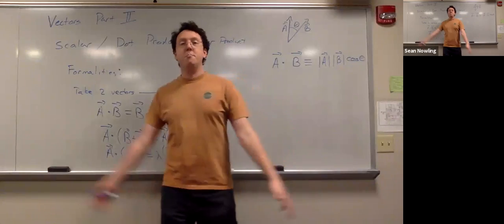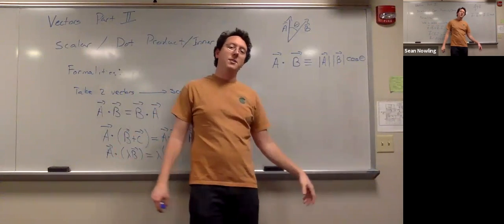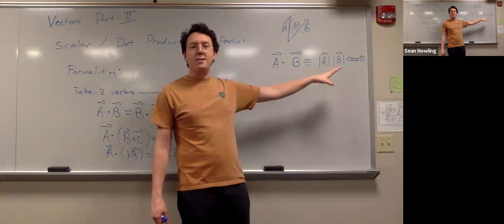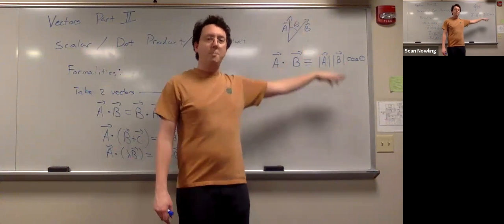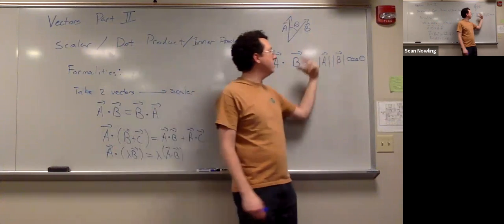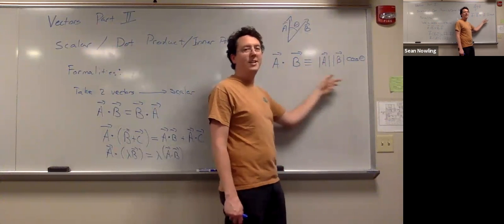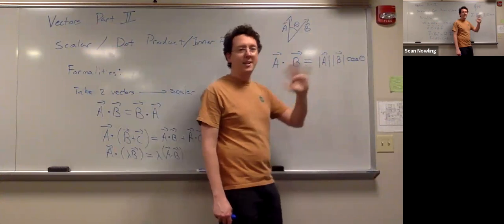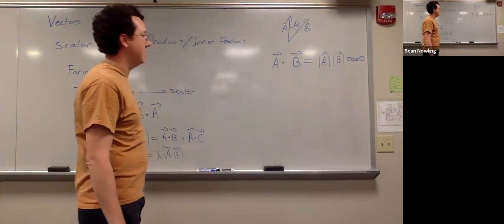There is another bizarro world you could imagine. I'm going to give you another formula for this in a minute. You can imagine a bizarro world where you didn't know about the magnitude of a vector or about angles, and then this would turn into not the definition of the dot product, but the definition of things like cosine of theta. So anyway, we'll see that in a minute.